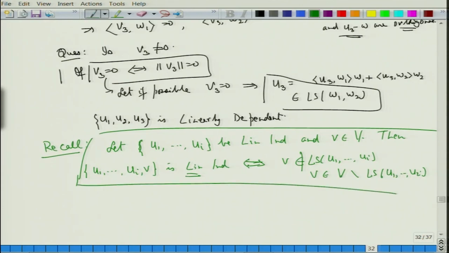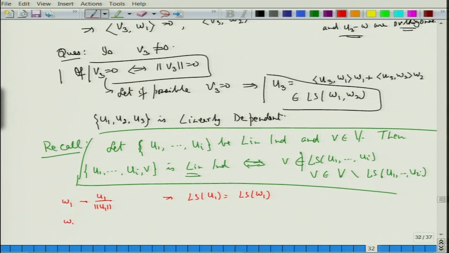So now let us go back again, so that you have clarity. What we have done at this stage is, I have got w1 which was u1 upon length of u1. So this implies that the linear span of u1 is the same as the linear span of w1.